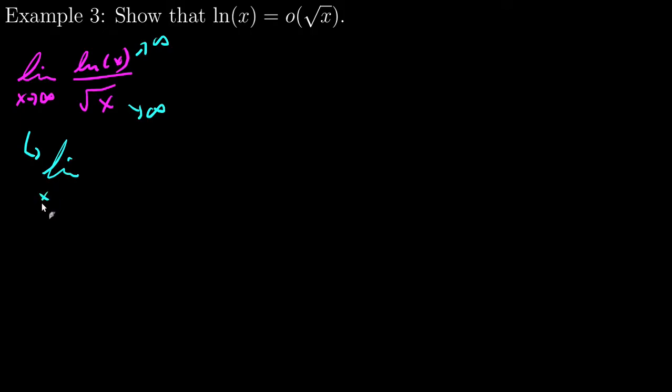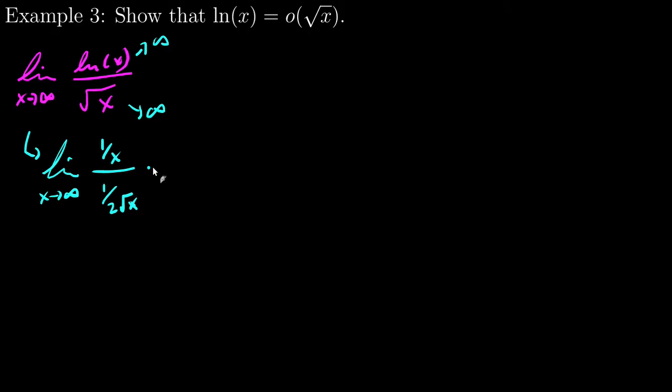So the limit as x approaches infinity of the derivative of the natural log of x, which is 1 over x, over the derivative of root x, which is 1 over 2 root x. If we are not smart about this, I can just try to go on, and when I put infinity in here, I will get 0. It's approaching 0 when I approach infinity for x, and I might try to keep doing the derivatives.